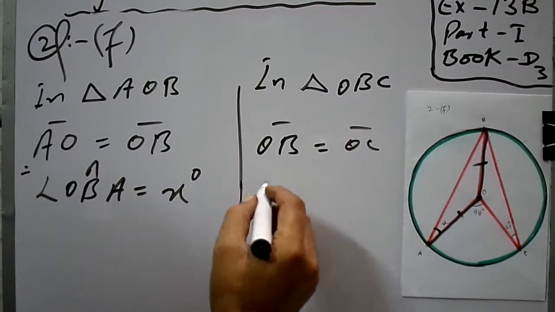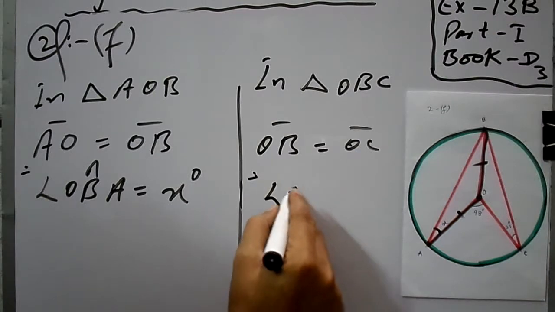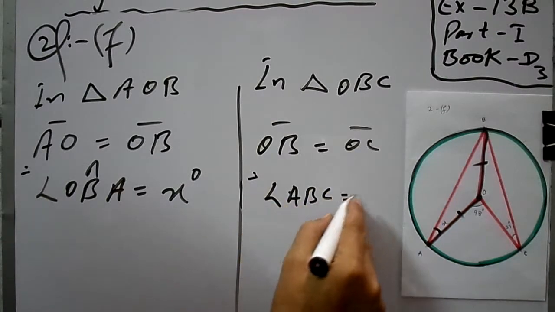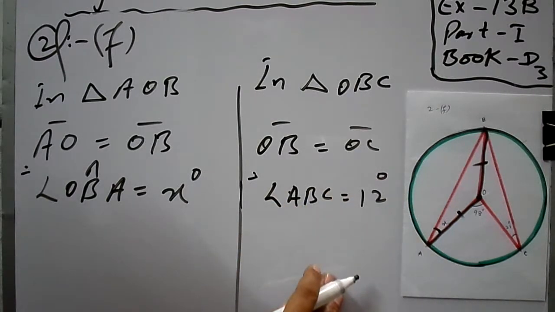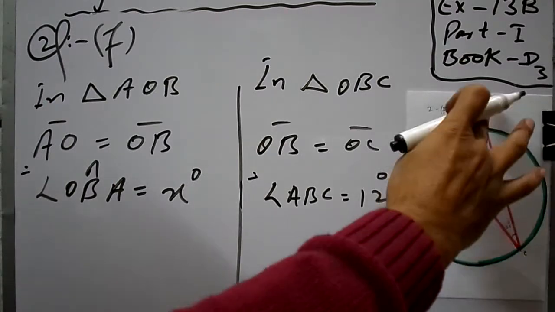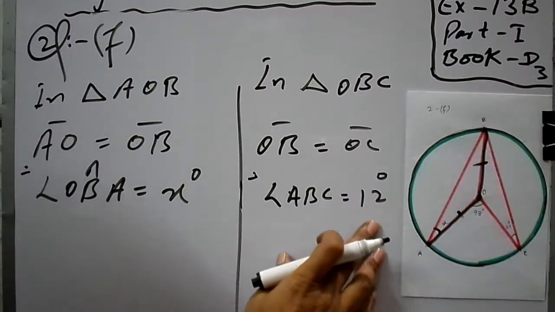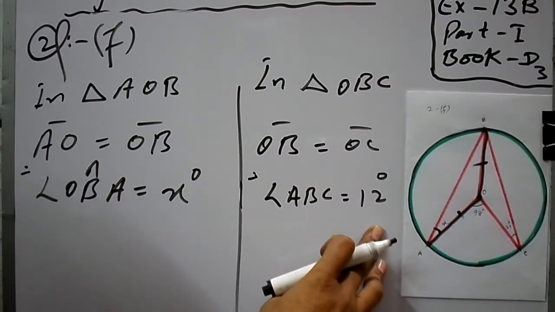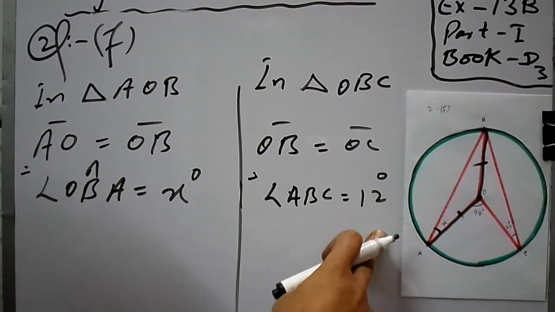So therefore angle ABC is equal to 12 degree, that is equal to the 12 degree which is given to us.